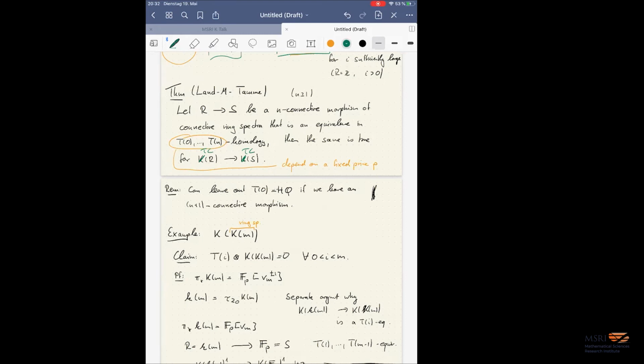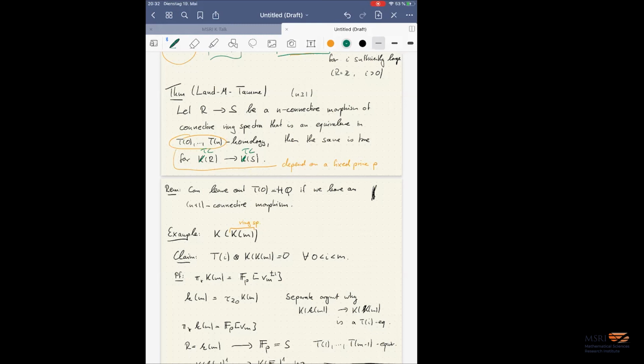Yeah, so I think our main result should have a version which drops the n-connective assumption completely. We can prove it if R and S are KO-algebras and maps are KO-linear. We can actually prove this result without any connectivity.